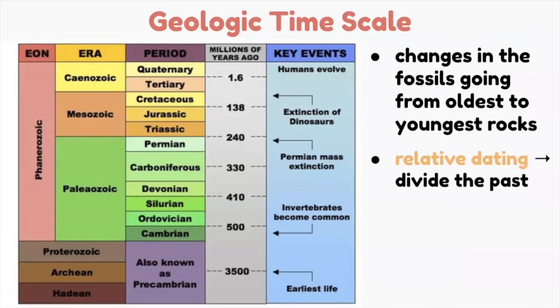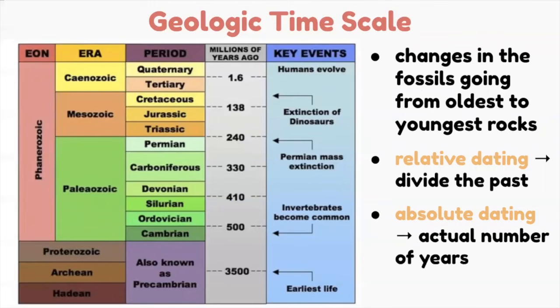They used relative dating to divide Earth's past into several chunks of time when similar organisms were on Earth. Later, scientists used absolute dating to determine the actual number of years ago that events happened. I have very detailed discussions about this, so if you want, you may just go to the playlist.